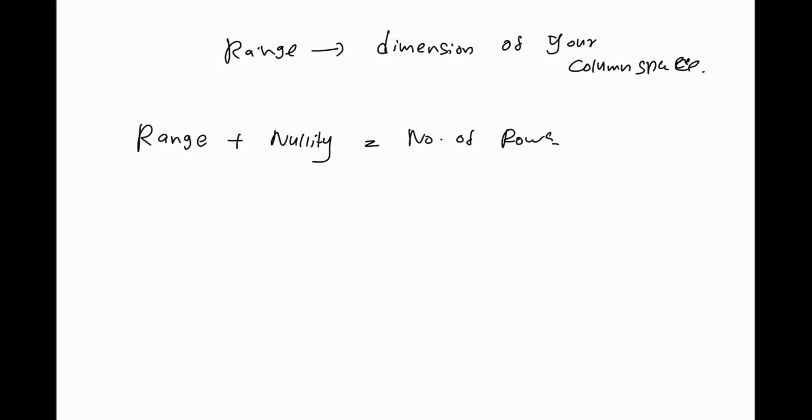It means if you add the dimension of your null space and the dimension of your column space, you should have the number of rows in your equation system. Okay, no, it's not the number of rows. You should have the number of columns, right? Number of columns. Yes, number of variables.